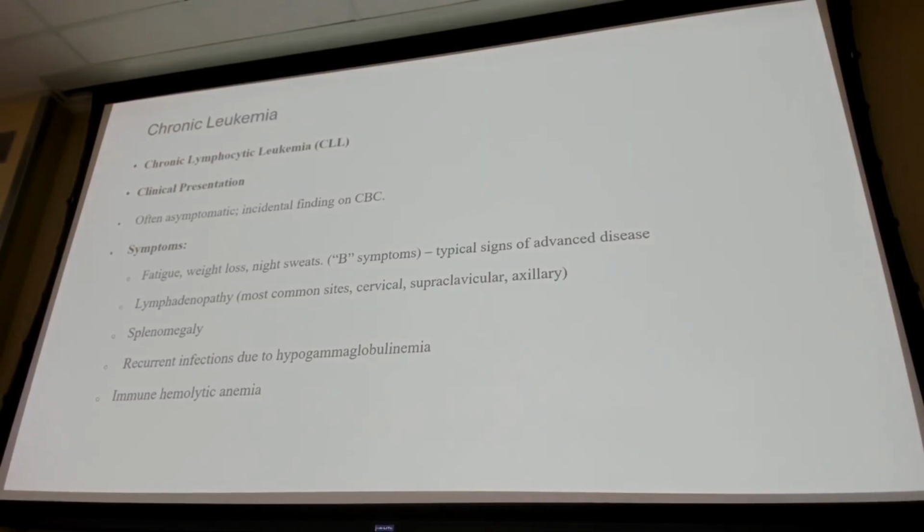B lymphocytes. What's the job of a B lymphocyte? Plasma cell. What's the job of the plasma cell? Produce antibodies. These cells are close to being normal, close to being mature. So they're trying to do what a normal mature cell would do. So they're trying to produce antibodies.